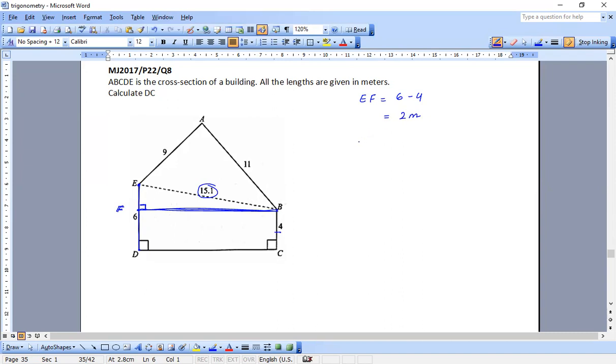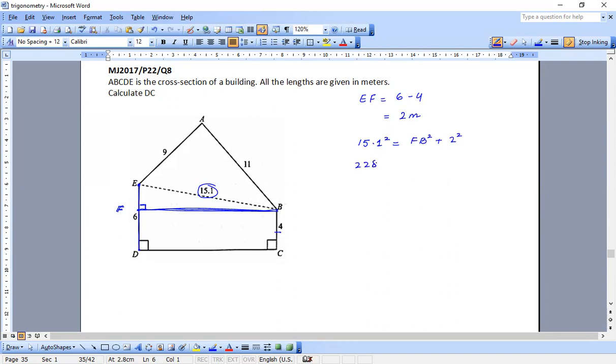According to Pythagoras theorem, hypotenuse square, which is 15.1 squared, is equal to base square, which for me is from F to B, plus 2 squared, the length of the perpendicular. 15.1 squared is equal to 228.01.